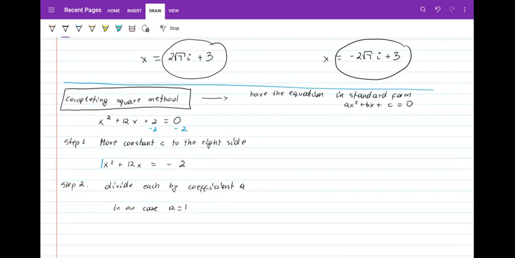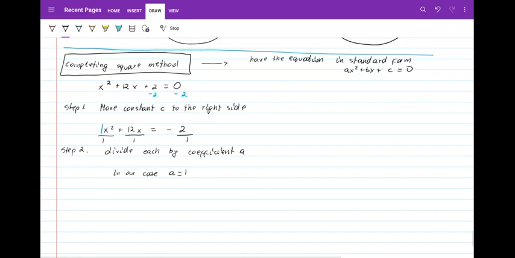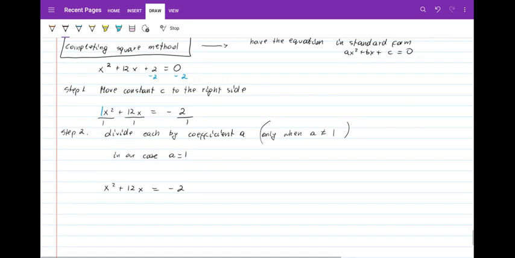So technically what we need to do is divide each by 1, which will give us exactly the same equation. So we have x squared plus 12x equals negative 2. You're going to divide each by coefficient a only when a is not equal to 1. Okay, so technically that's when we're applying step 2.